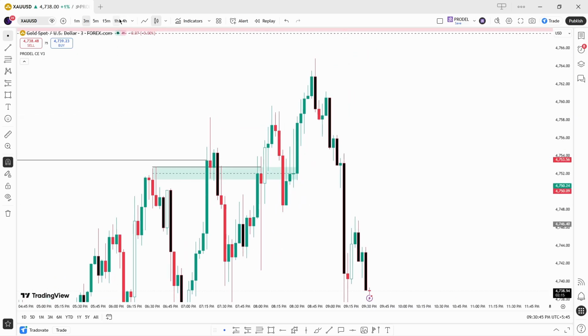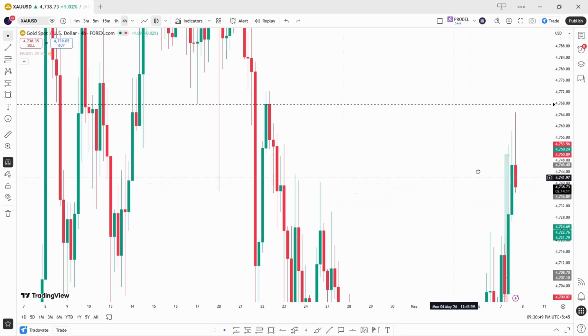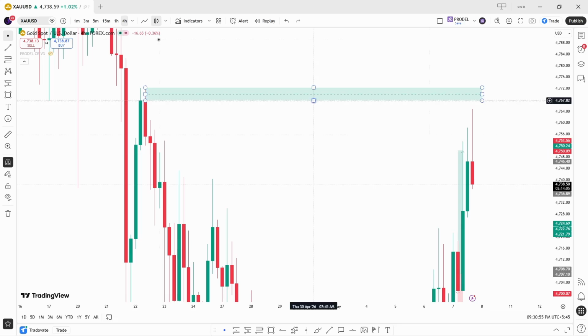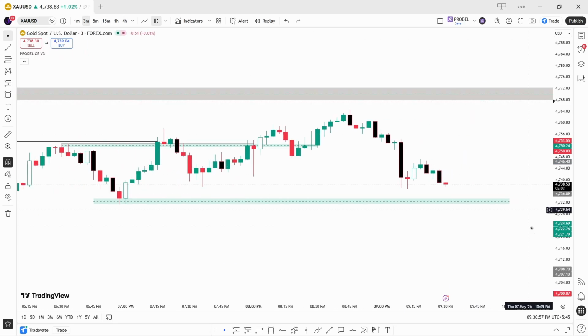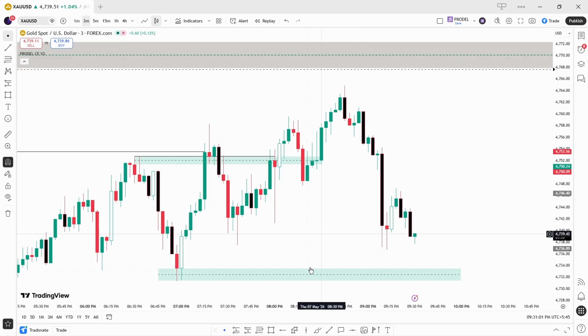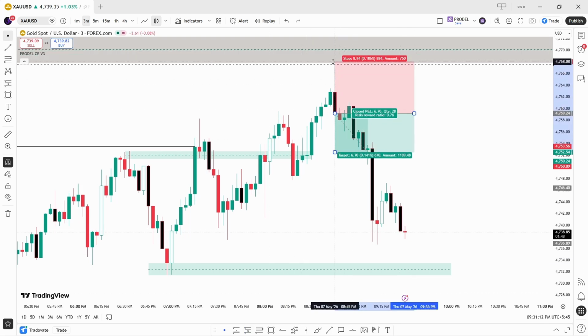And another thing is, I was looking for this level for the market to tap, but this level did not tap here, but it formed the black candle like this. If the market touches this level, I will definitely take this trade also.